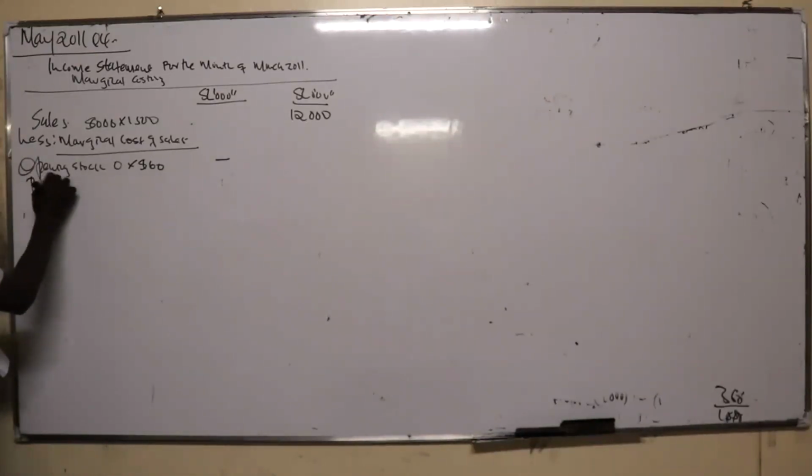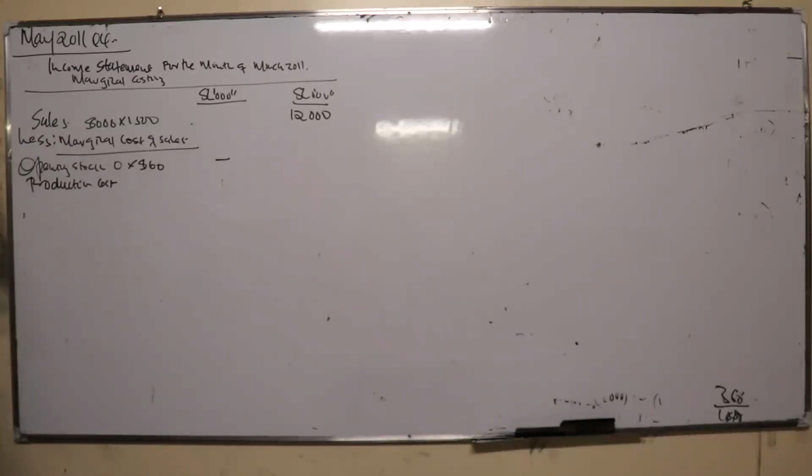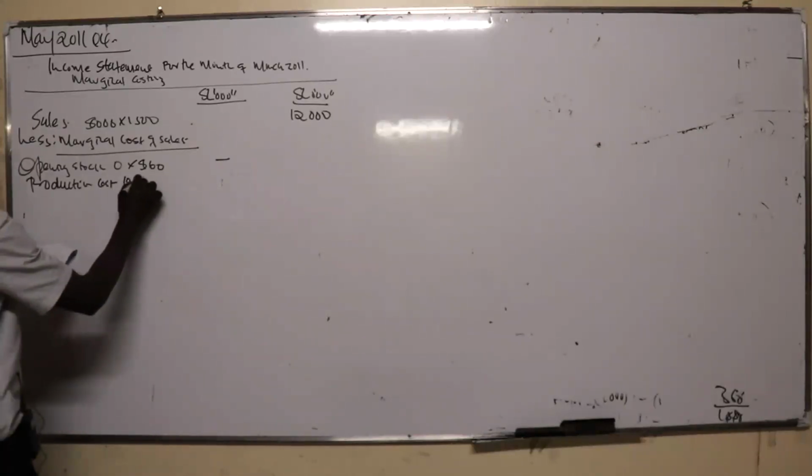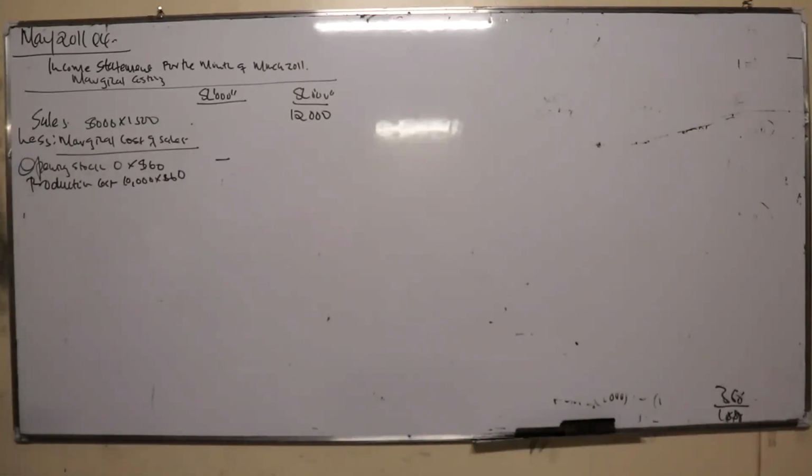And then you add production cost. The total number of units produced through the month of March was 10,000 units, so you multiply 10,000 times 860, which is 8,600.